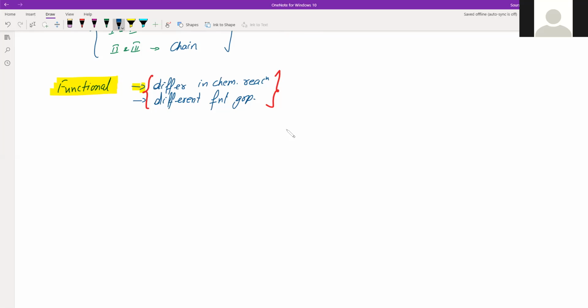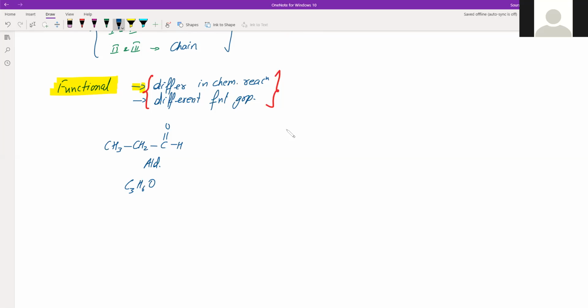Let's see an example of that. Actually, the first example which we have seen above in structural isomers is an example of functional isomer. Say, for example, if I have this structure CH3, CH2, C double bond O, H. This is an aldehyde. You have 3 carbon, 6 hydrogen, and 1 oxygen, right?